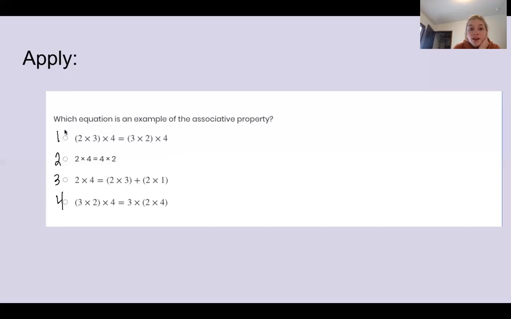All right, so you might think it's the one. Yes, it did jumble the order a little bit, but the multiplier is the same. We need to pick a different multiplier actually. Which equation would best fit our associative property would be number 4. 3 times 2 times 4 equals 3 times 2 times 4. Here, let me go back.